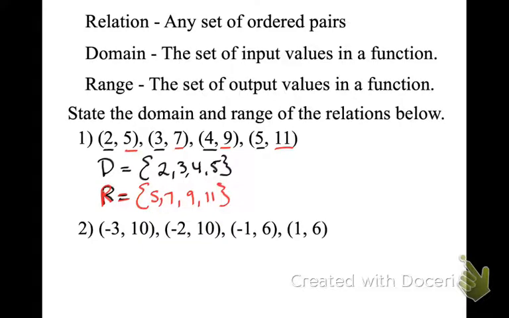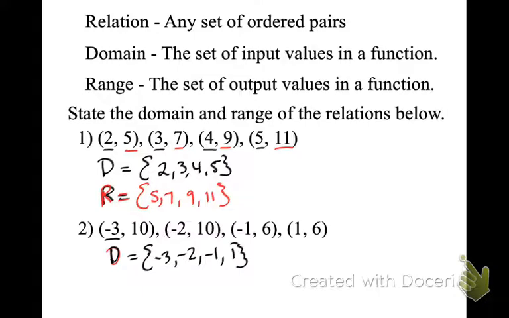All right, so I'd like for you to try the next one. Pause the recording. Let's check our work. So our domain is -3, -2, -1, and 1. Close the braces.